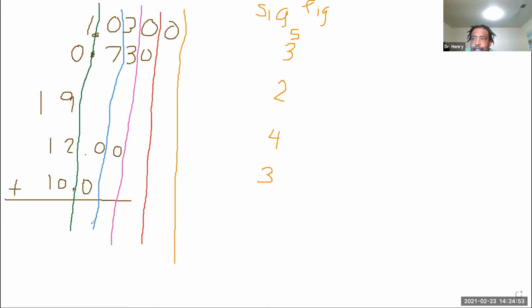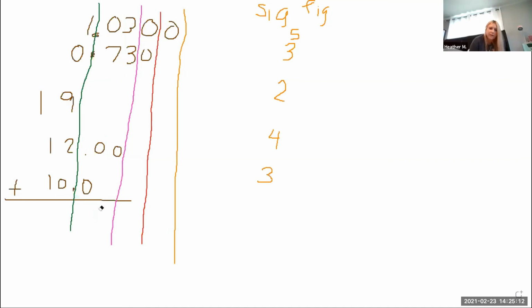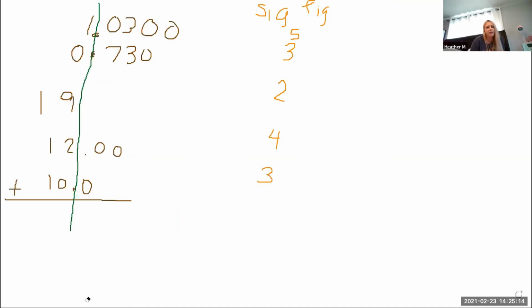Okay. So what is going to be my decision line? The furthest to the left, which will be after the first 2 digits. Okay. So what color is that? Dark green. Okay. So now we can do the math.